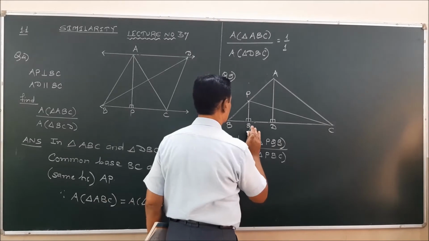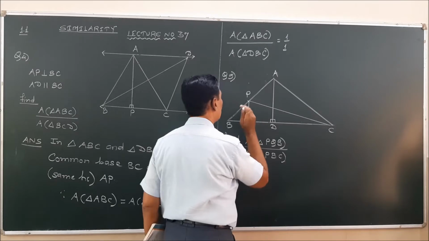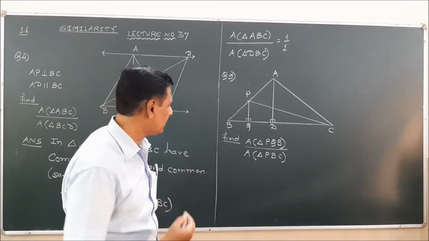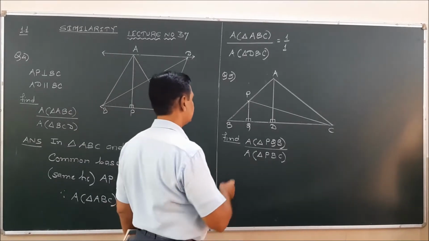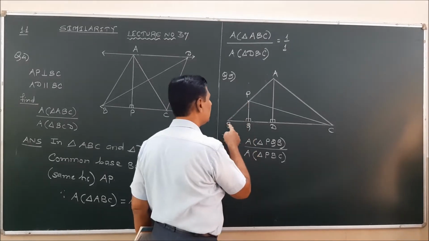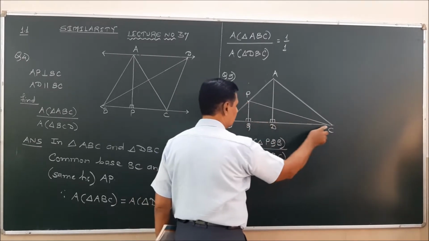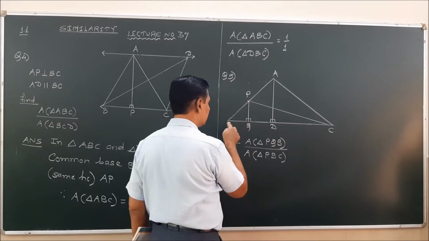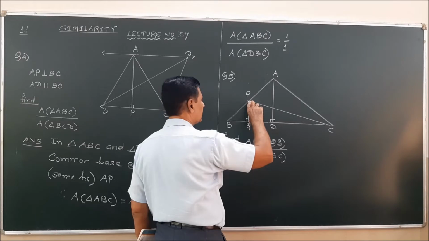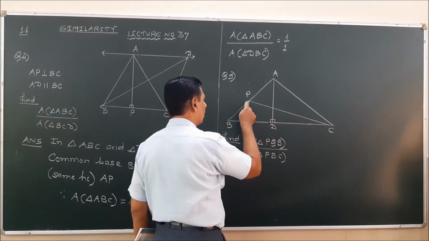What theory do we know? That the ratio of the areas of triangles is proportional to the product of base and height. So PQB and next to that is PBC. For these two triangles, you will notice PQ is a height for triangle PBC, as well as PQ is the perpendicular drawn on PBQ.